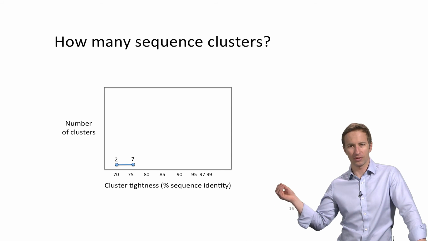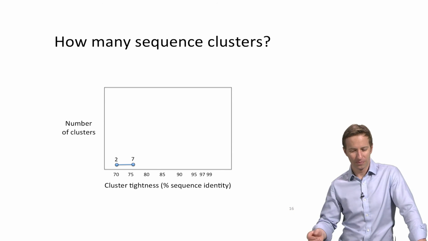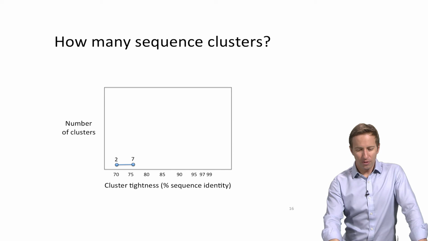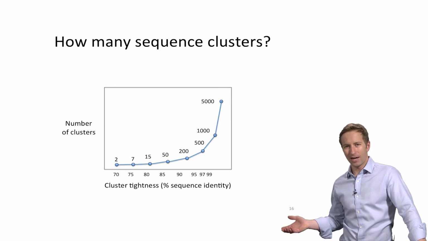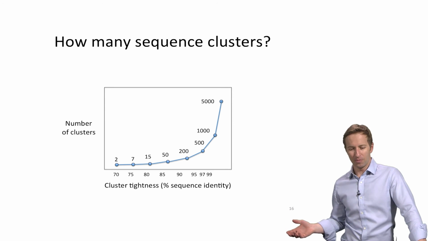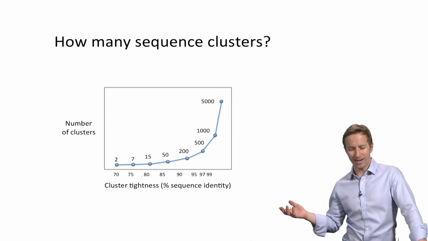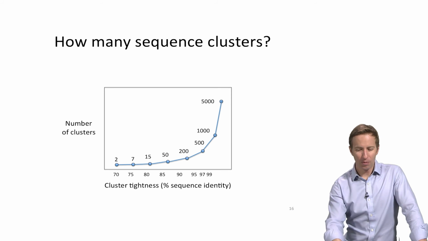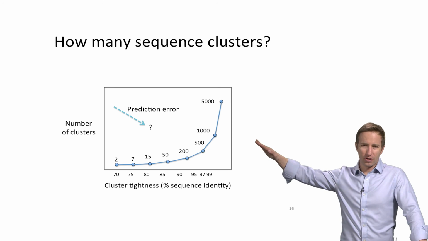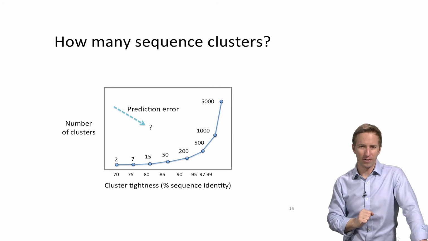This would be like clustering at the kingdom level. As you increase the tightness of the clusters, you get more and more features. So at 99% similarity, you might have 1,000 OTUs. At 99.5% similarity, you might have 5,000 OTUs. And what we're interested in finding out is the shape of the curve of the prediction error.